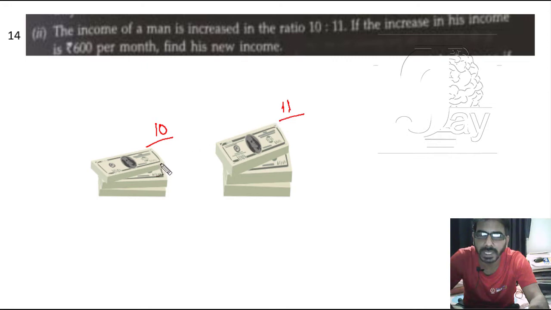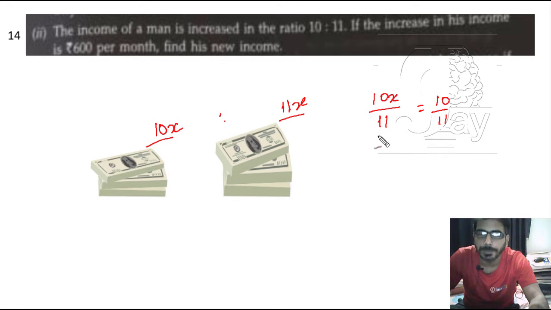So if this is 10 times, then this is 11 times, so that means 10 times of something, say x, and this is 11x then. So now the ratio is 10x is to 11x, and hence it is 10 by 11 or 10 is to 11.